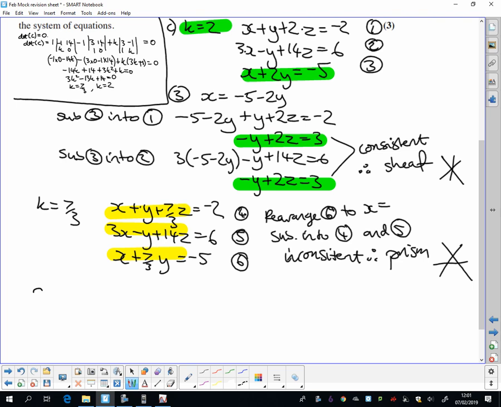So in part D, I've got 2 equations now that I know are the equations to do with our sheaf. I've got x plus 2y is negative 5, and I've got negative y plus 2z equals 3. To get the equation of that line, I just need to combine these 2 equations. So this one I can rearrange.